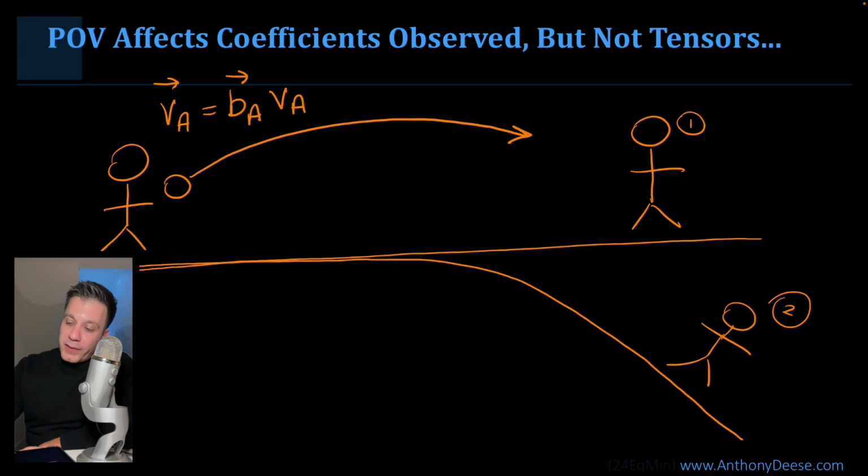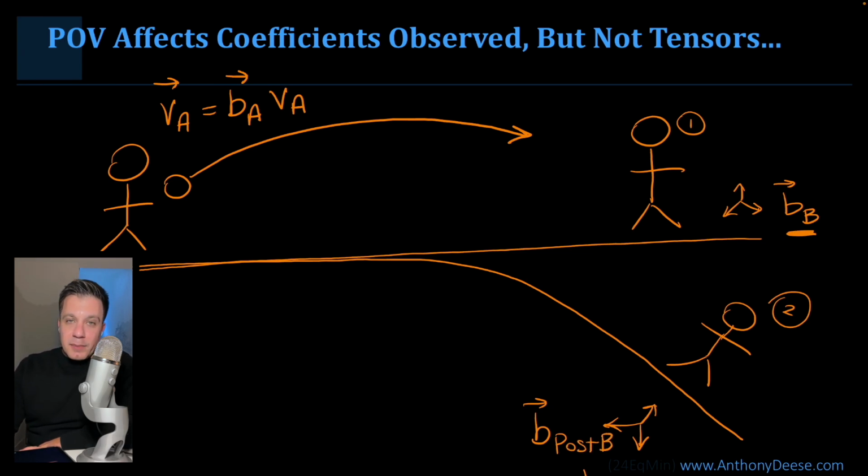So we'll call the axes of this first observer, I think we previously called it B sub B. And then this one over here has a rotated set of axes, and we refer to that basis set as B post B. Okay, so this is the basis set associated with observer number 1. This is the basis set associated with observer number 2. And they are rotated with respect to one another.